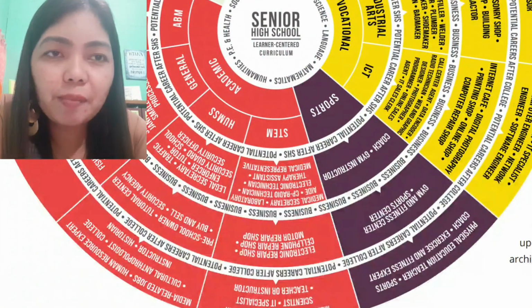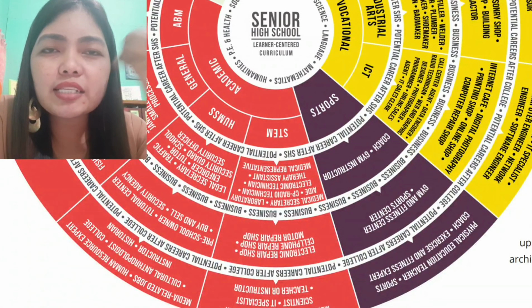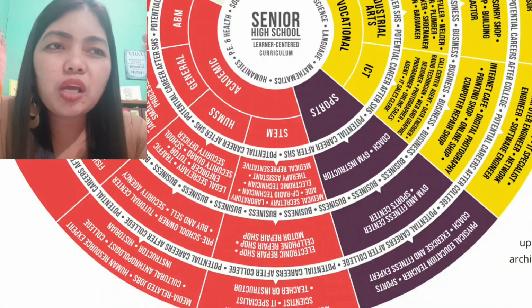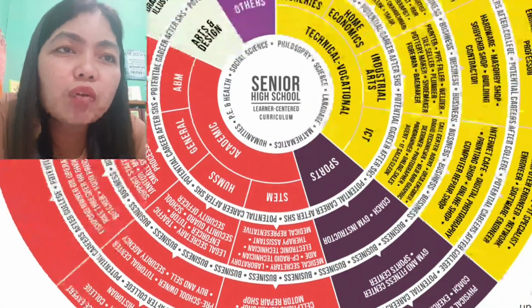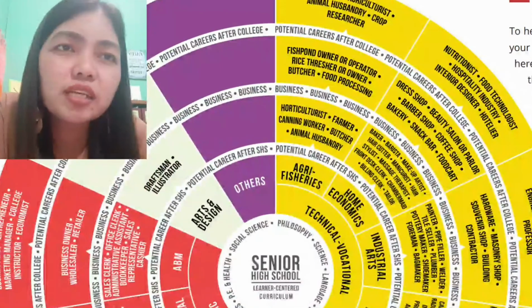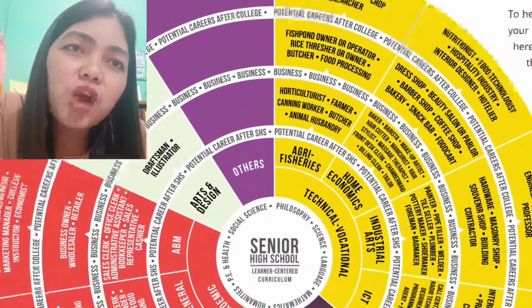Usually, what children say right away is the career they really want. For example, I want to be a doctor, I want to be a lawyer, I want to be a teacher. Now, look first at the outside circle, the outermost layer. We will look there.